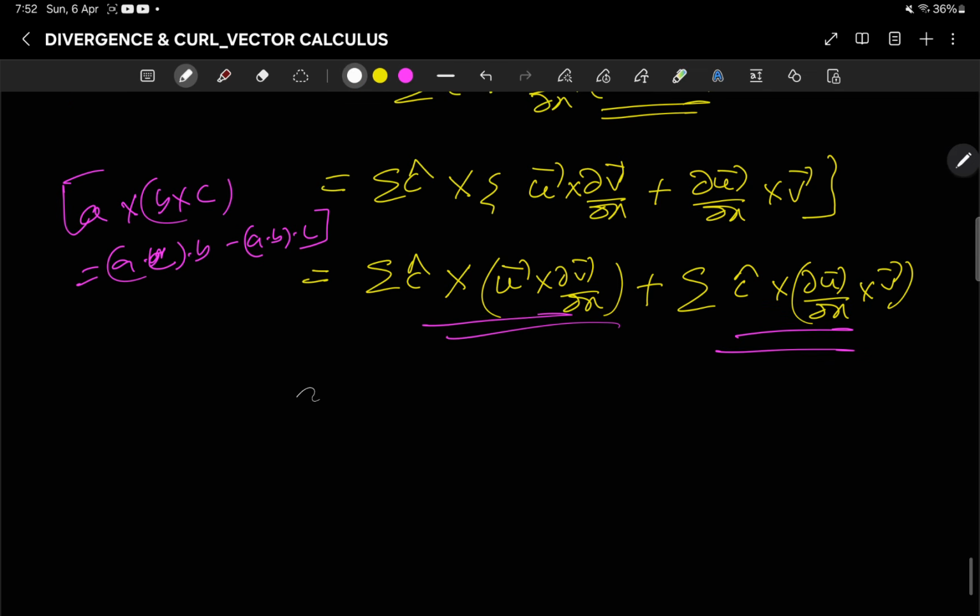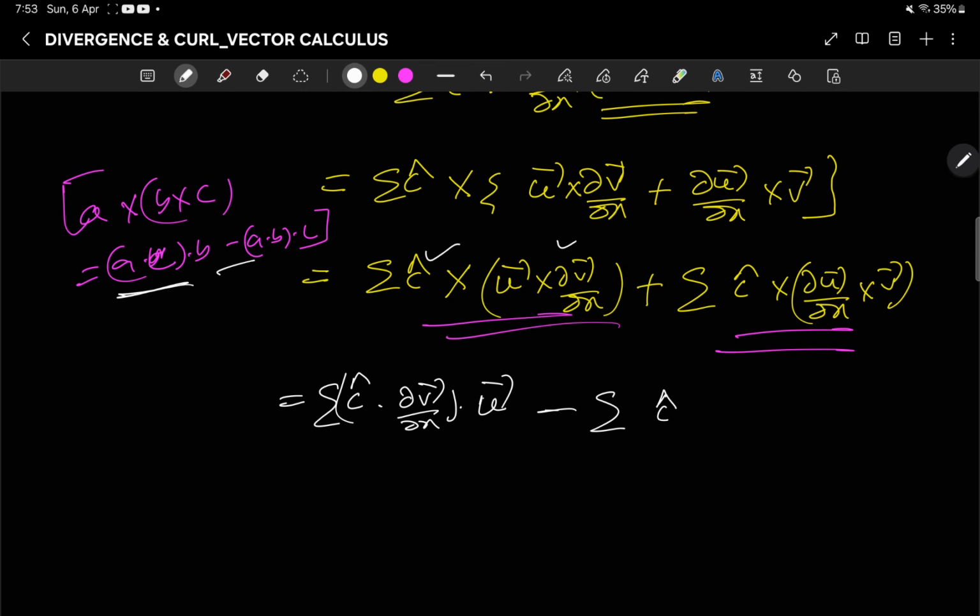So this will be summation of i dot del v by del x and dot u, this is your u, and plus this is again summation of i, it is minus, a c b minus a b c, i dot u del v by del x.